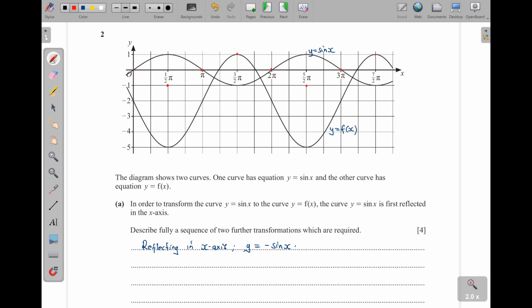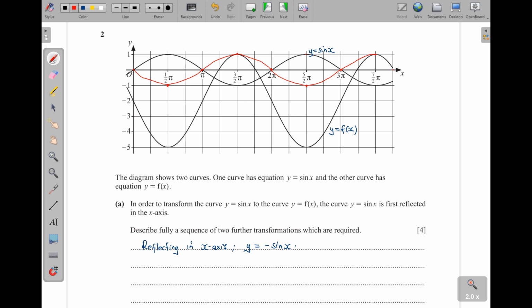So we are going to first have this graph going like that when we reflect it in the x-axis. That is what we are going to have. Then you can see that this one was stretched.